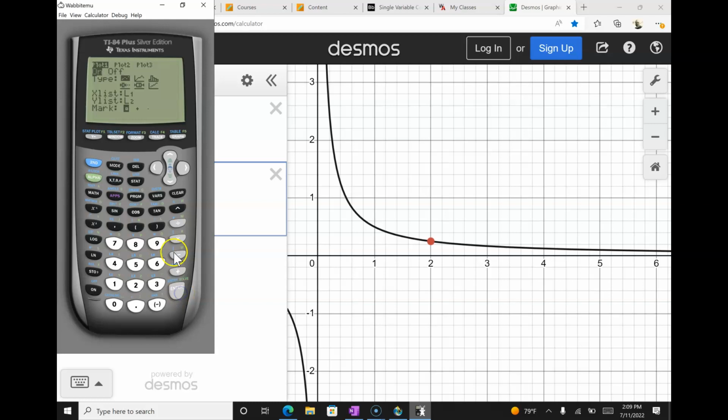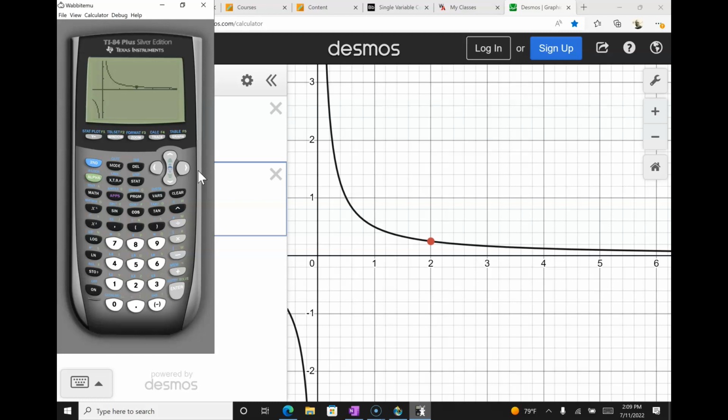I turn my stat plot on, and I go into my stat menu, I edit, I put in 2 in the X, and I put in 0.25 in the other, and I look at my graph. And now, right, but that's the long way, there's a shorter way. Look it up, okay?